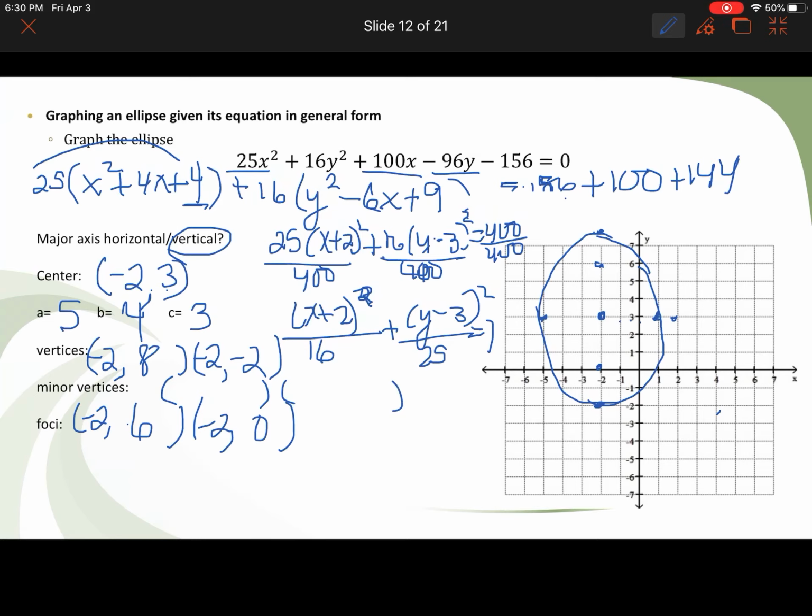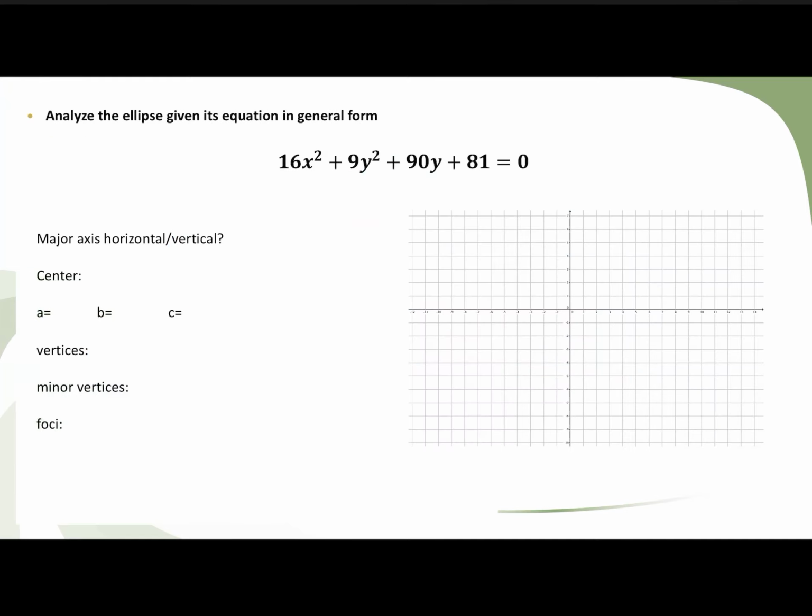So when I find the minor ones, then it's the y value that stays the same because those are going horizontal. And so it would be negative 2 plus 4, which is 2, and negative 2 minus 4, which is negative 6. And that is that one.